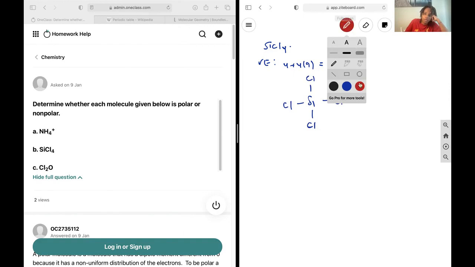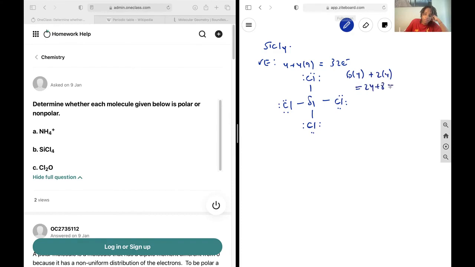Fill in our valence electrons and see if we have anything left. So we have 6 by 4 plus 2 by 4, and that would give us 24 plus 8, which is our 32. So all of our electrons are accounted for.